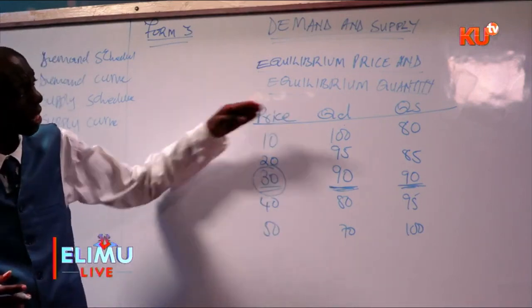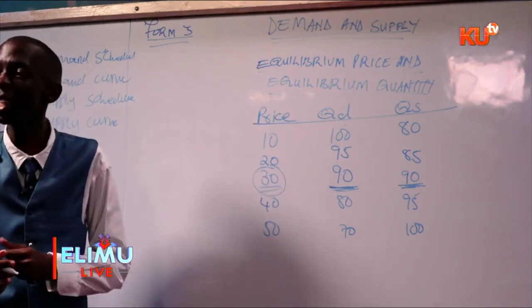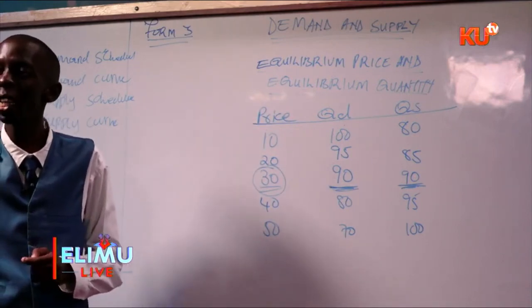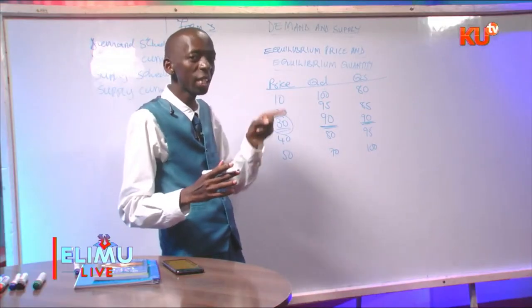From this demand and supply schedule, we can come up with two curves on the same axis.